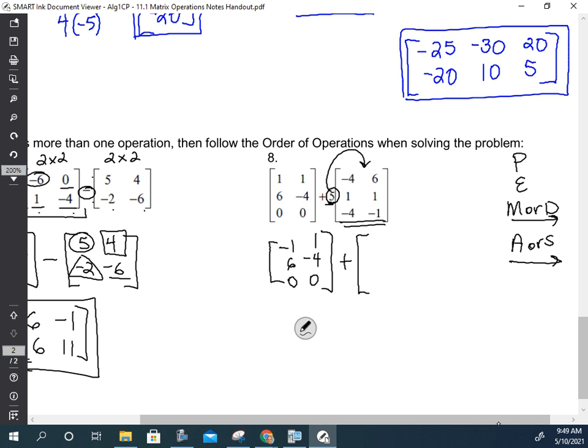So negative 20, 30, 5, 5, negative 20, negative 5. So multiplication still comes first. Then we add everything together.